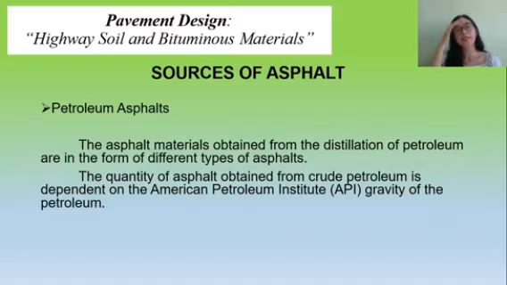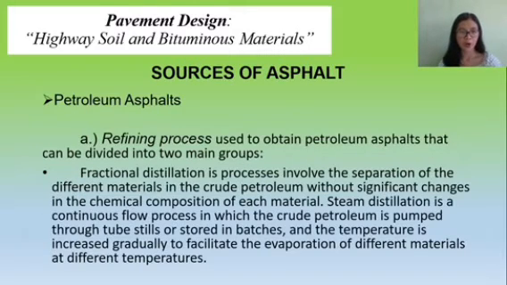Before discussing the properties and the uses of different types of petroleum asphalt, first let's describe the refining processes of this petroleum asphalt. Refining processes used to obtain petroleum asphalt can be divided into two main groups.